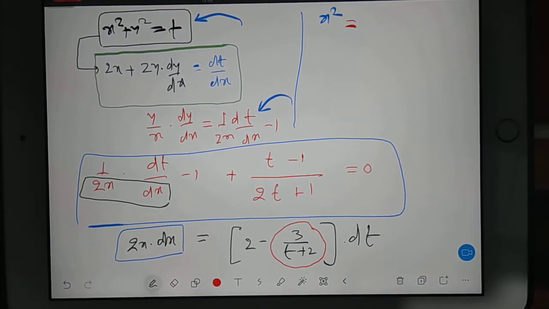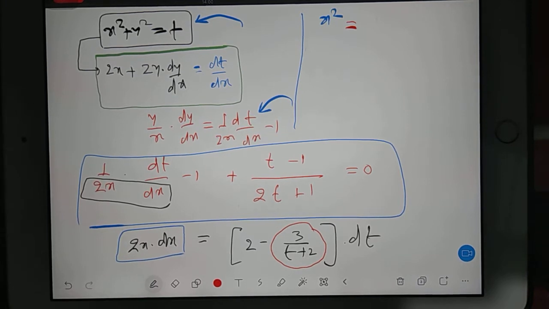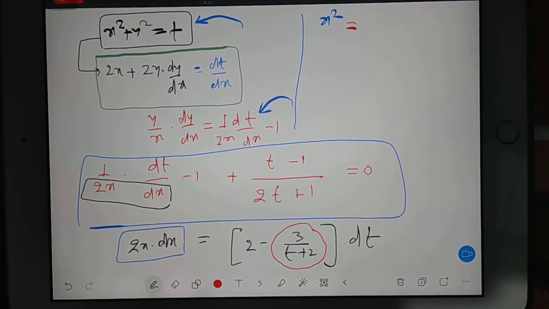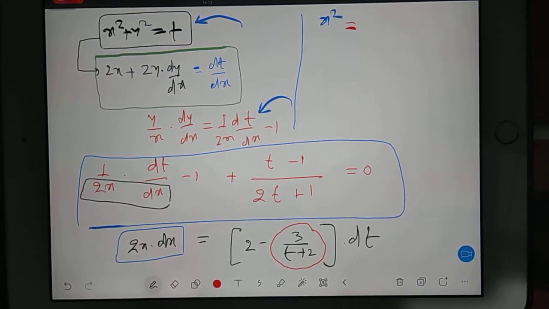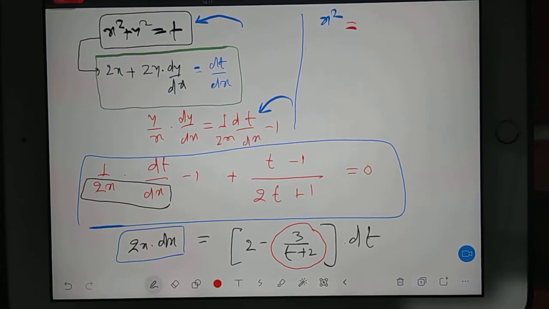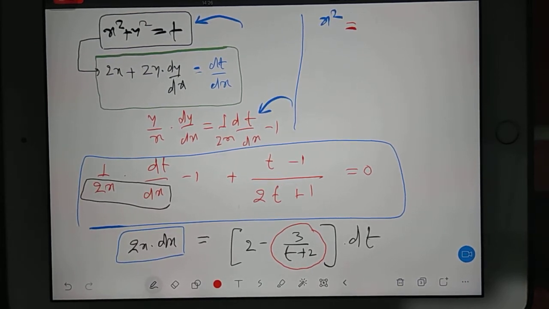Can someone guess what will be the answer for this portion? Only the 3 by t plus 2. Anyone? If you can recall. Integration for 3 by t plus 2, what will be the integration?